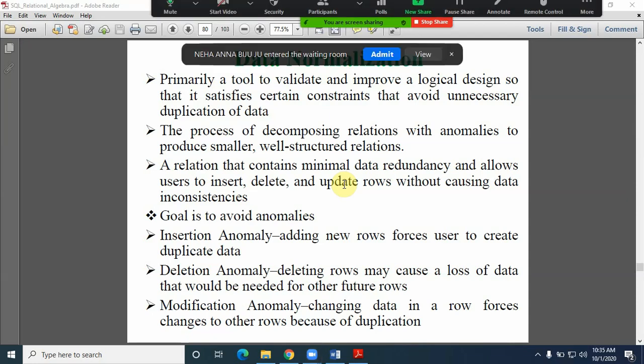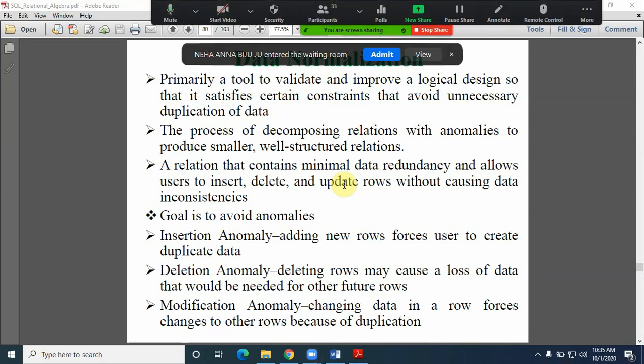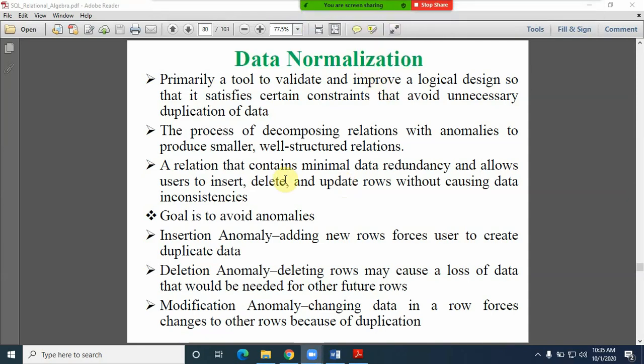Anomaly means some kind of error. Already we have seen some discussion related to these errors. So we have some relations, and while entering the data into these relations, maybe you may get some kind of errors.